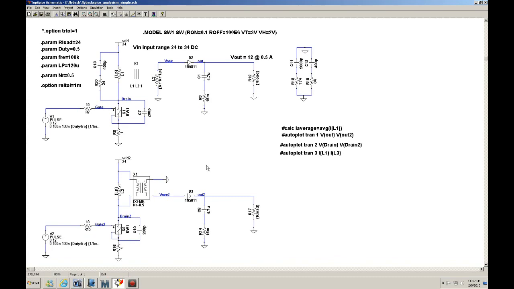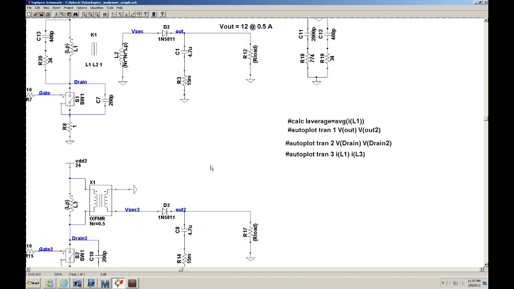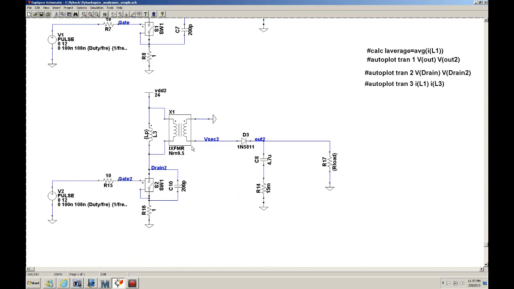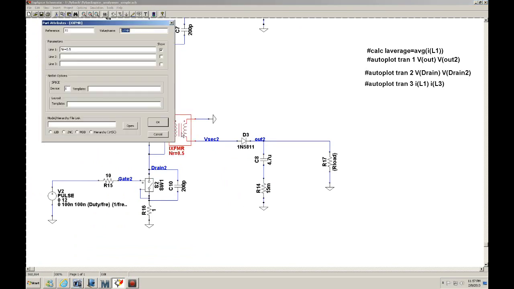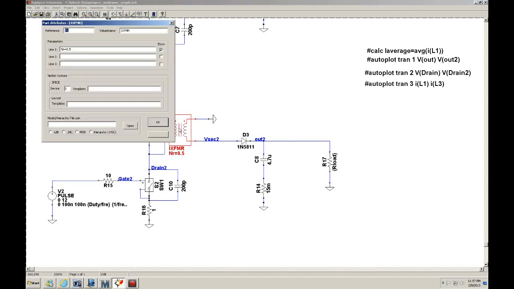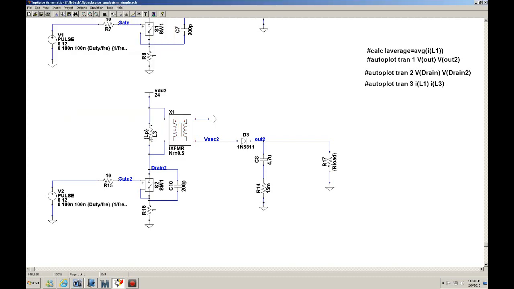Here we have, let me focus a little bit, at least on the transformer. Here's my ideal transformer. Notice that you have the phase dot up on top, and then I define the turns ratio. In this case, it's NR, and I have it defined as 0.5. And then right here I have my inductor. Where the dot is really doesn't matter.